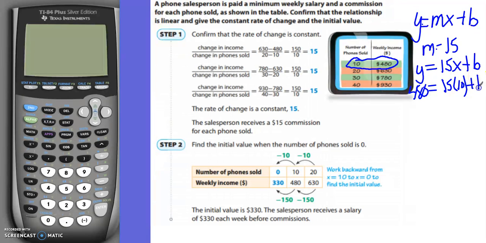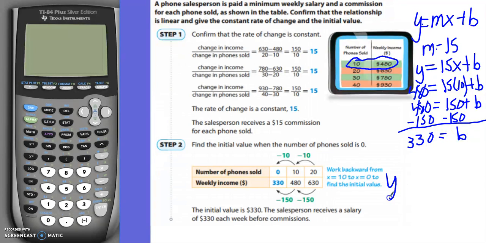What do I have to add to that? 15 times 10 is 150. Then I'm going to subtract 150 from both sides. I get 330. So if I'm writing the equation, it's y equals 15x plus 330.